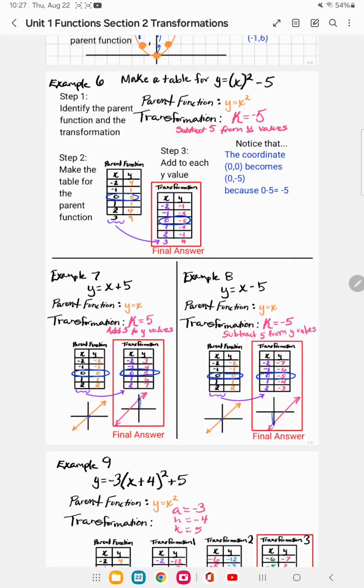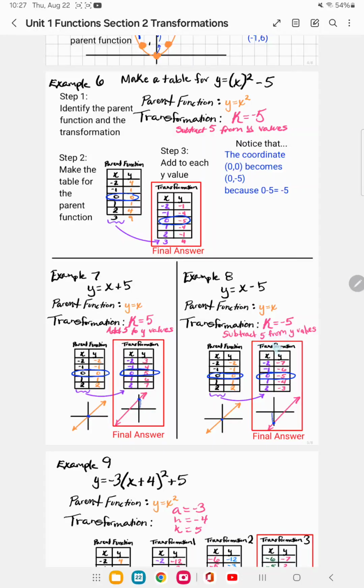From the two tables, I wanted to highlight that the y-intercept will change for these lines. First it starts at 0, 0 in the parent function. When you add 5, you take that y-intercept and move it up 5 spaces, and that's how you get your transformed line.